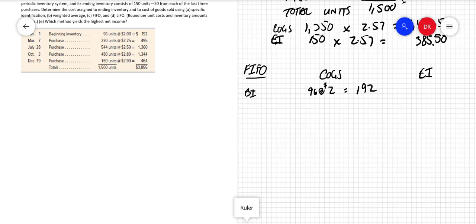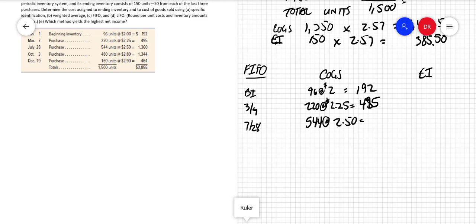Then we say the March 7th purchase, 220 units at $2.25, meaning $495 all goes into cost of goods sold, $495. Okay, then on July 28th, we had 544 units at $2.50.